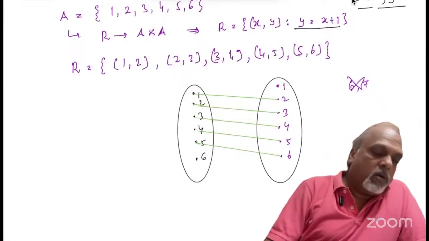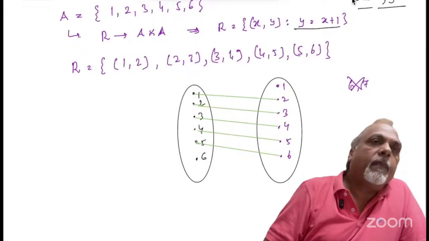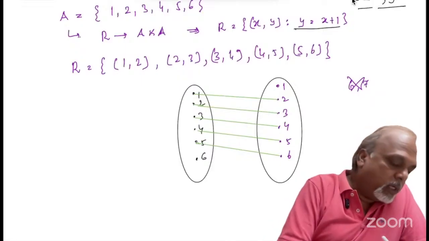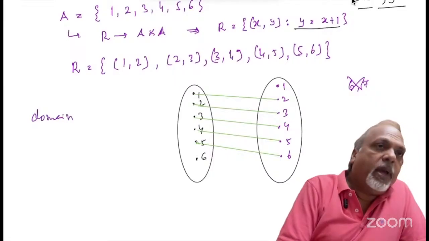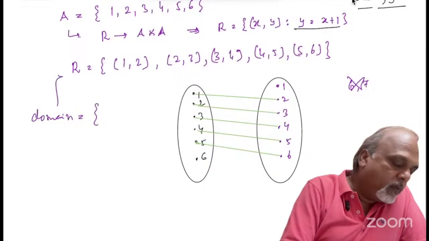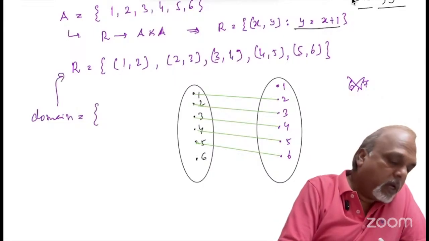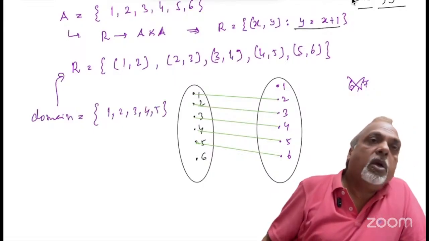Correct? Now, just see, what is the domain? Domain is basically the domain of this relation. Here, 1, 2, 3, 4, 5. This is the domain.